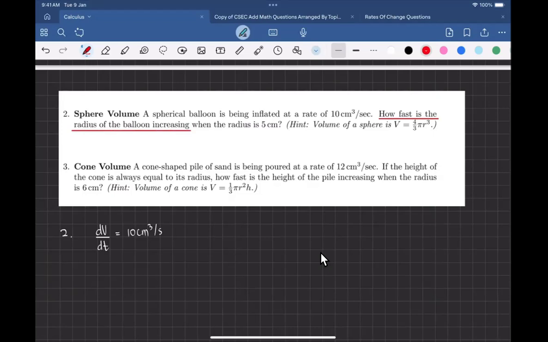That's the main question we need to figure out. How would I write that in differential form? dr over dt. Yes, that's what we need to find.